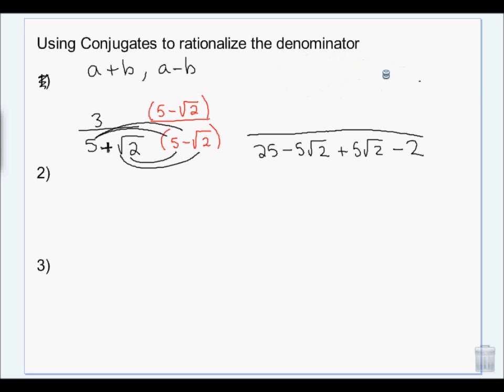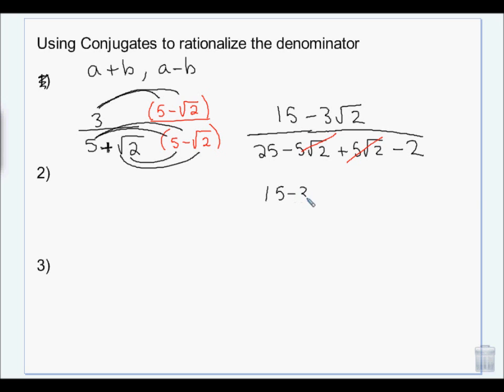For my numerator, I'm going to distribute 3. So I get 15 minus 3 times the square root of 2. Now these cancel.